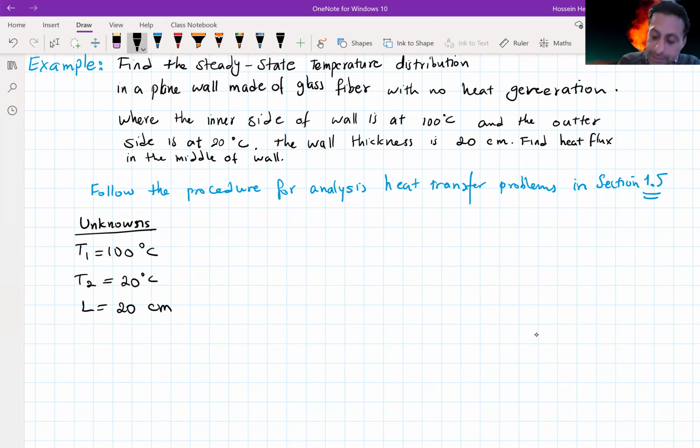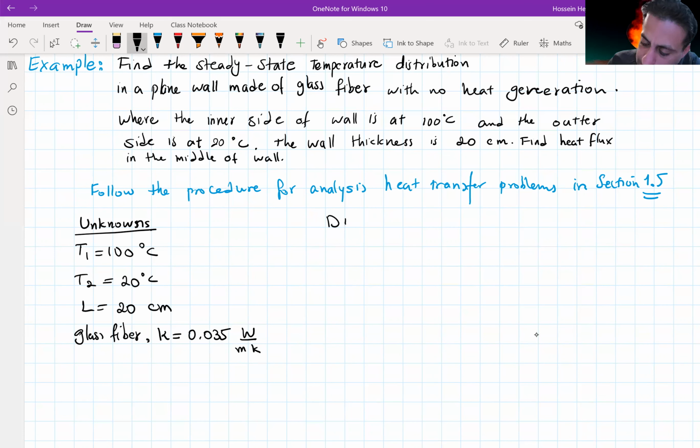We know the wall is made of fiberglass, glass fiber. Now we can read K from the tables at the end of your book. There are a few tables that list the thermophysical properties of a lot of materials at different conditions. If you read K from that, it's going to be about 0.035 watt per meter Kelvin. So these are the knowns.